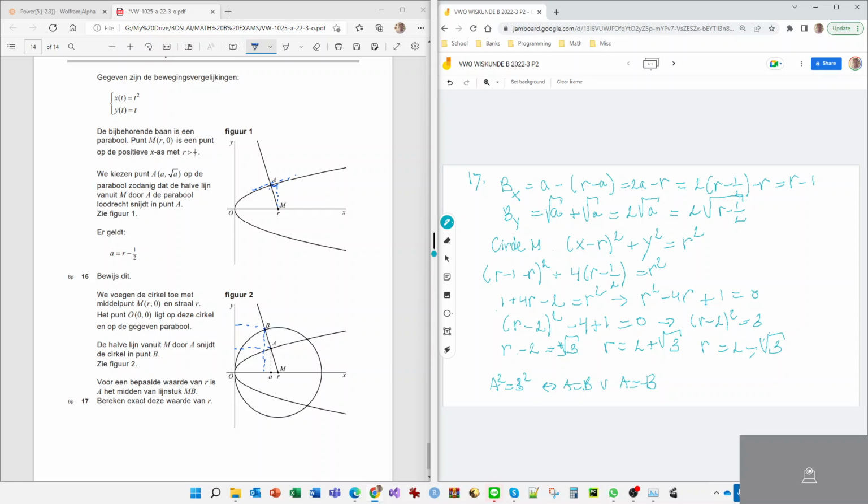So we find r is 2 plus the square root of 3, which finally completes the exam.